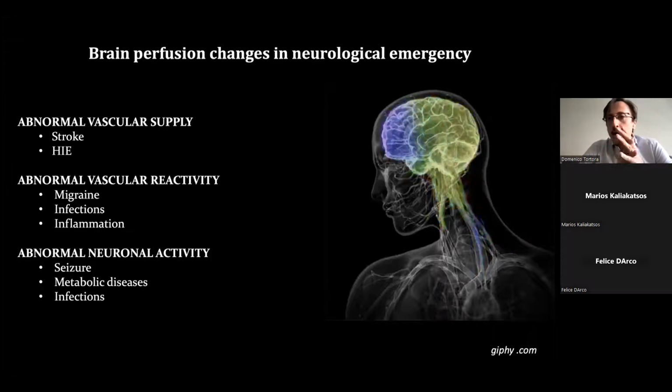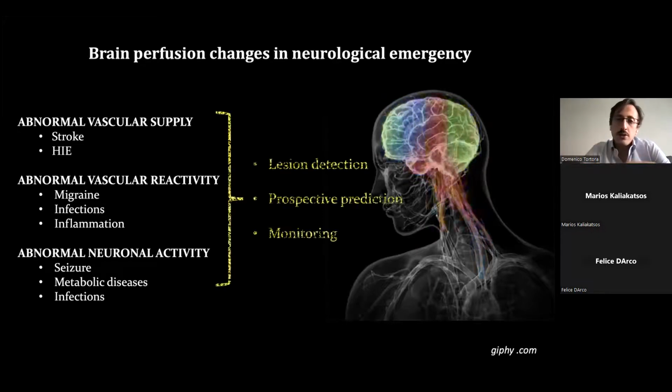Now, let's try to understand why it's important to see brain perfusion in neurological emergencies in children. I think there are at least 3 major mechanisms that can be impaired in neurological emergencies of children. We have lesions characterized by abnormal vascular supply, for example, stroke or hypoxic ischemic encephalopathy; abnormal vascular reactivity, such as migraine or infection and inflammation, such as encephalitis; or abnormal neuronal activity, for example, epilepsy or seizure activity, metabolic disease.